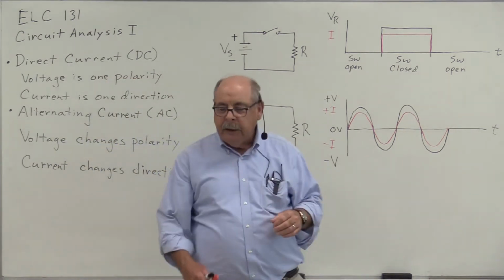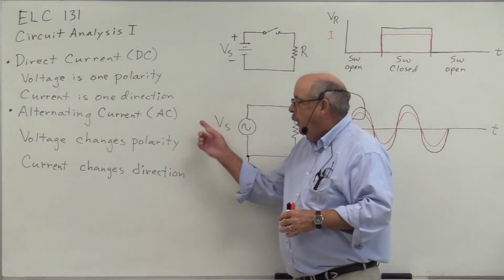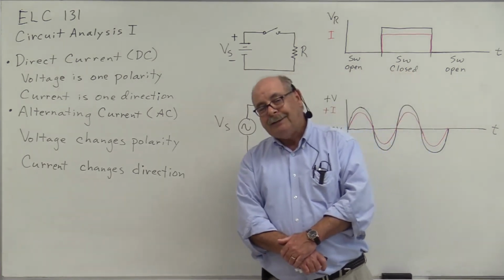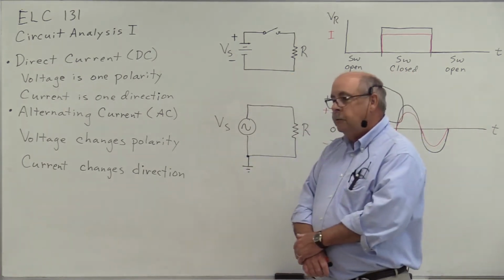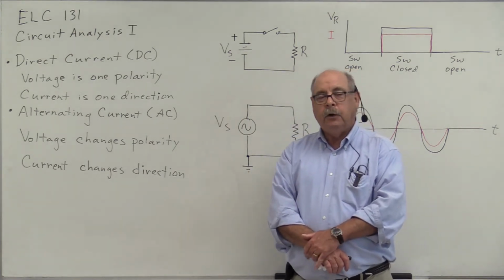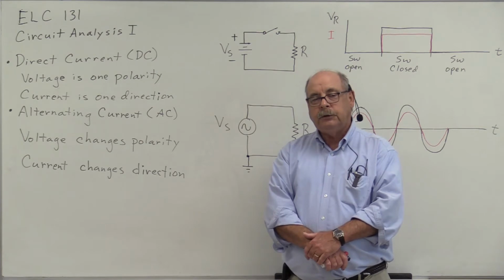Now, with alternating current, or as most of us simply abbreviate it, AC, the voltage changes polarity over time, and the current changes direction over time.